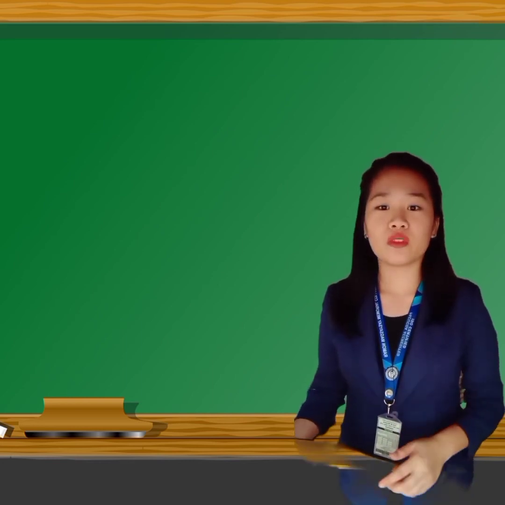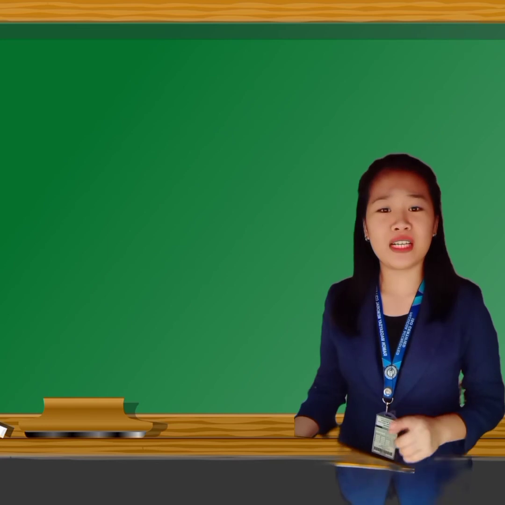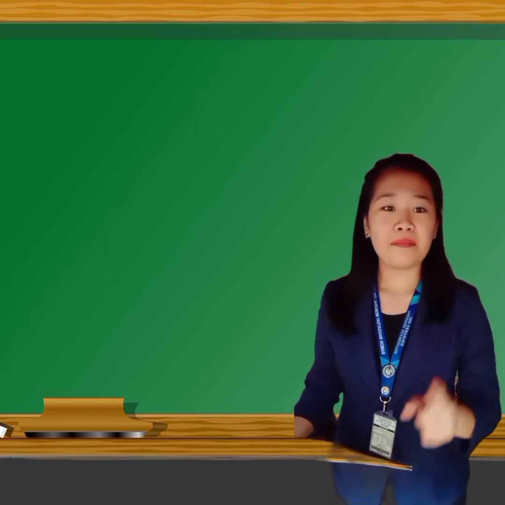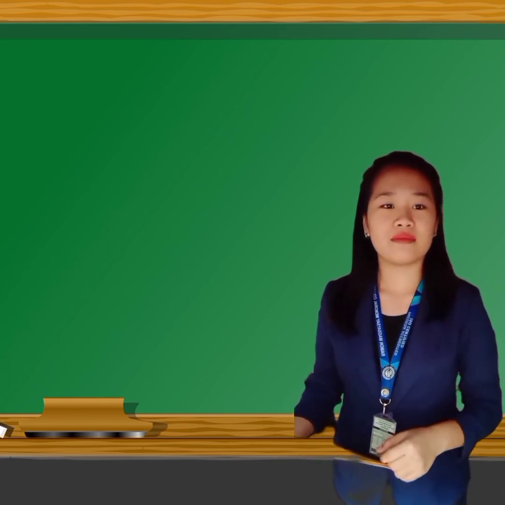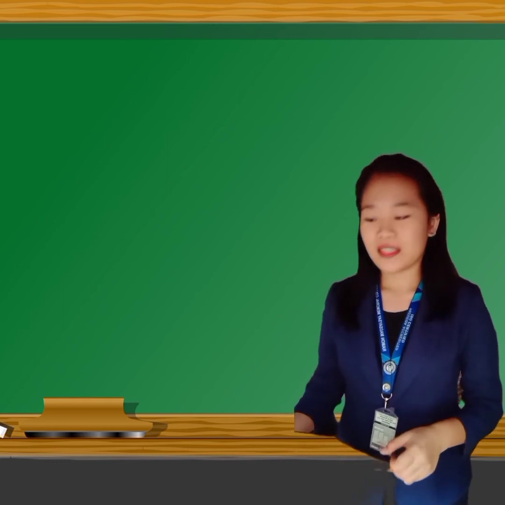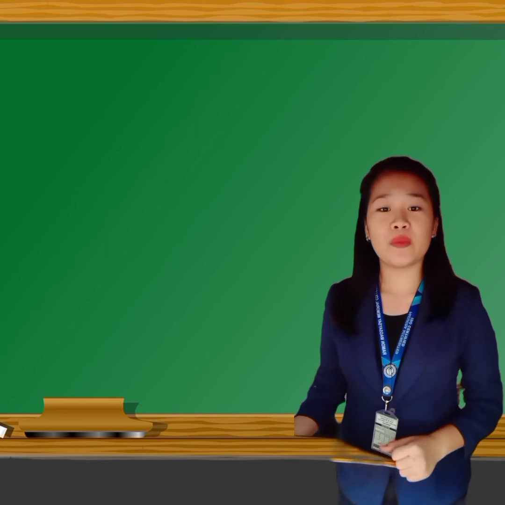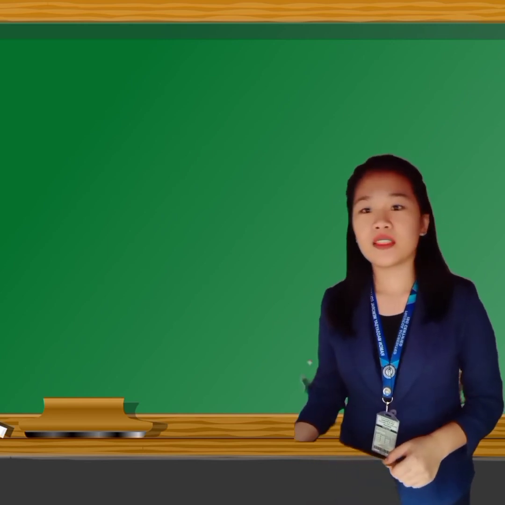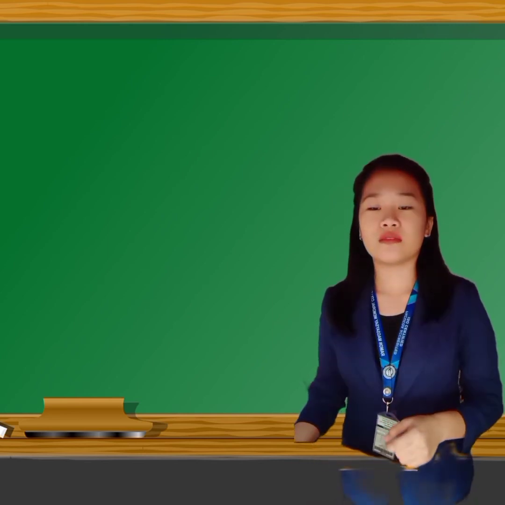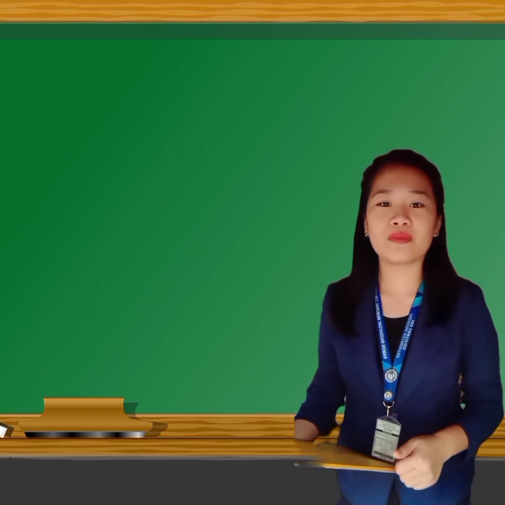Number 2. How are density and volume calculated? Enya. Very good. Next is, what is the difference between volume and density? Toledo. Very good.